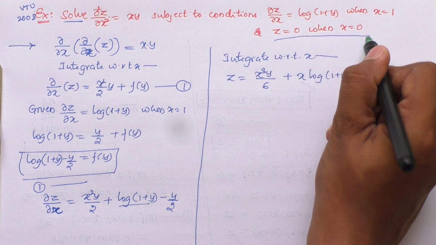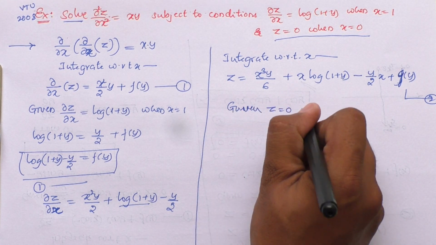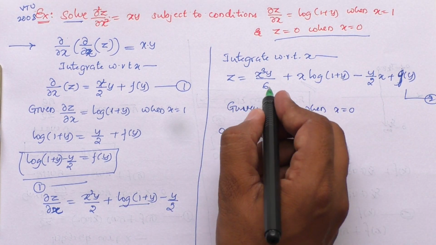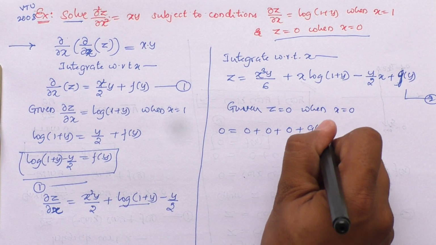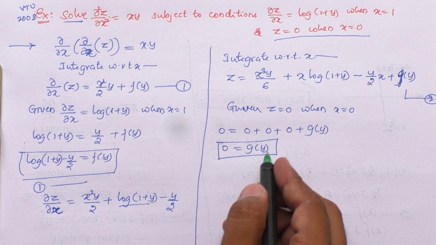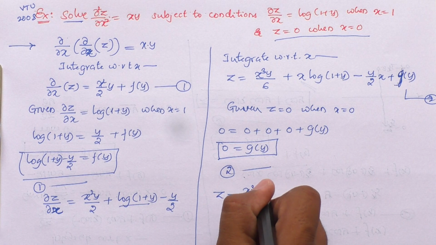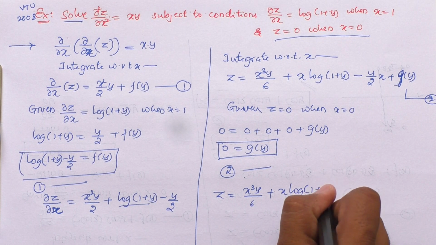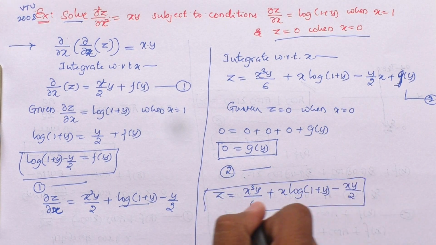It has been given that z equals 0 when x equals 0. Substituting, we get 0 plus 0 plus 0 plus g of y, so g of y equals 0. Substituting into equation 2, z equals x cube y by 6 plus x log of 1 plus y minus xy by 2. This is the required solution.